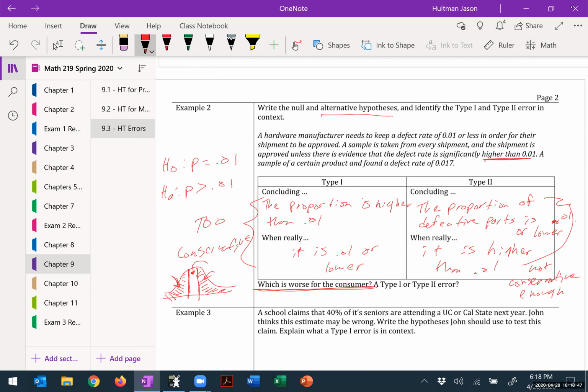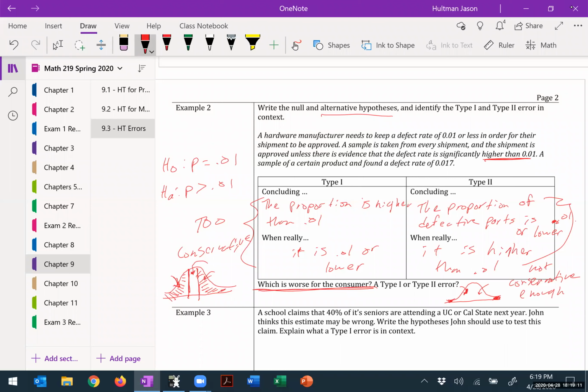What's worse for the consumer? What's worse for the consumer is type 2 error. Because our tails are so tiny, we're letting everything through. We're letting stuff that has blemishes through. We're letting stuff that is a little moldy through.